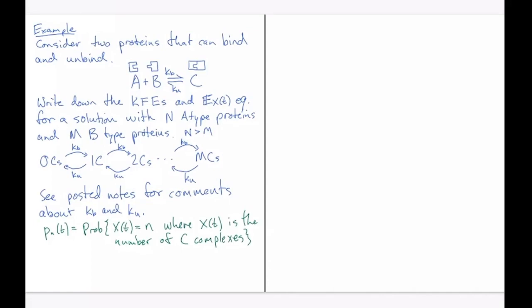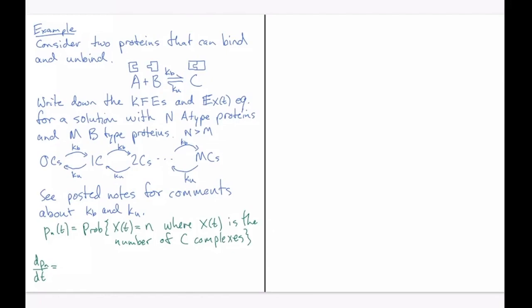Kolmogorov equations for this. And to save a little bit of time doing this, I'm actually just going to go directly to the equation, and hopefully you can start seeing how the equations are derived and what you end up with in the end. So I will write down dPn/dt and just give some kind of hand wavers for how this comes out of the type of derivation that I did in class.